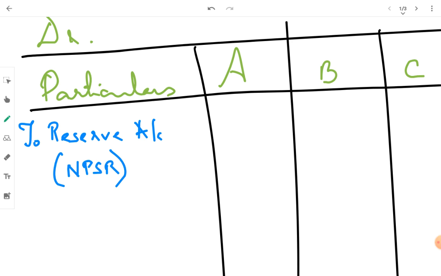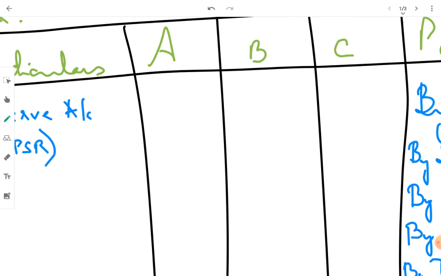So new profit sharing ratio is equal. 15,000 will be divided equally. So each partner will be getting rupees 5,000. So divide that. Rupees 5,000 for B and also for C. Rupees 5,000 each.